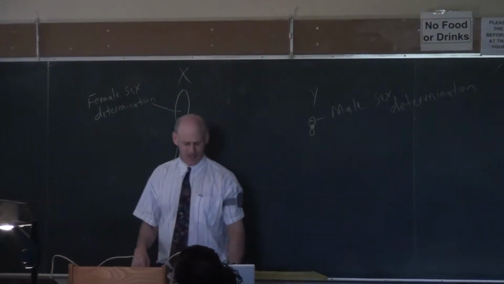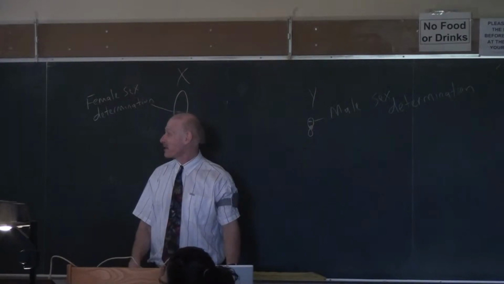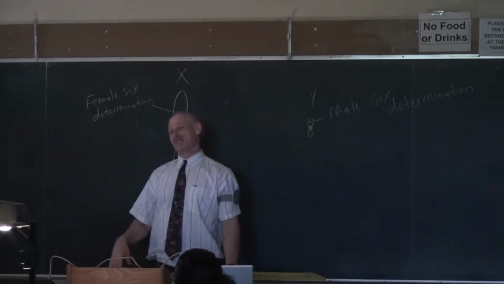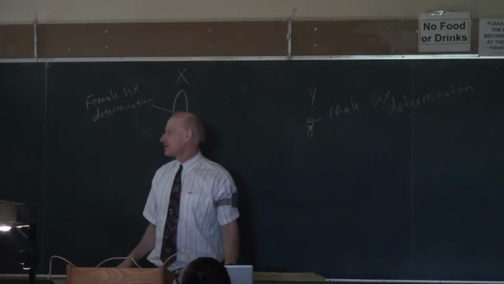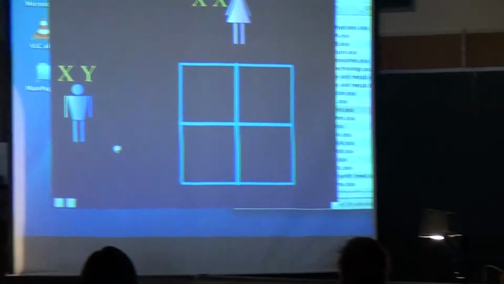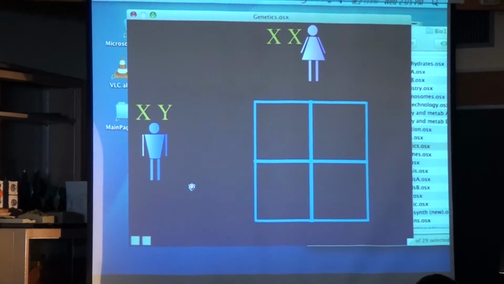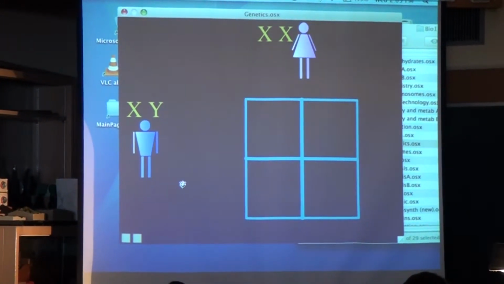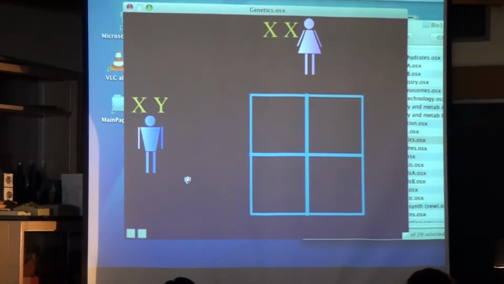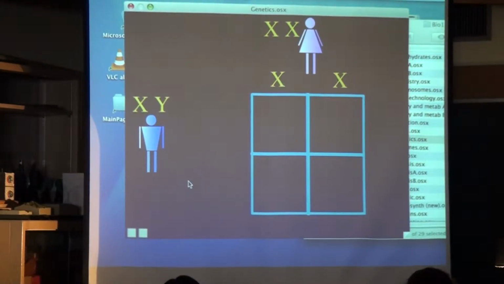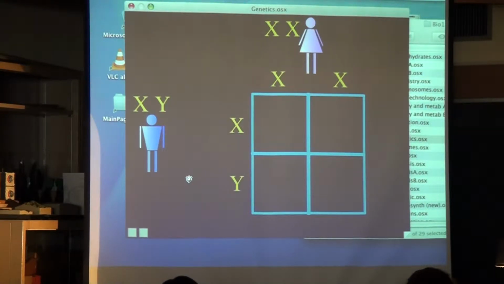Okay, and I think I also showed you a Punnett square that shows why about equal numbers of males and females are born. When we go through meiosis, when we make our eggs or sperm, every pair of chromosomes gets split into separate gamete cells. So all female eggs carry one of our X chromosomes, and all male sperm carry either the X chromosome or the Y chromosome.